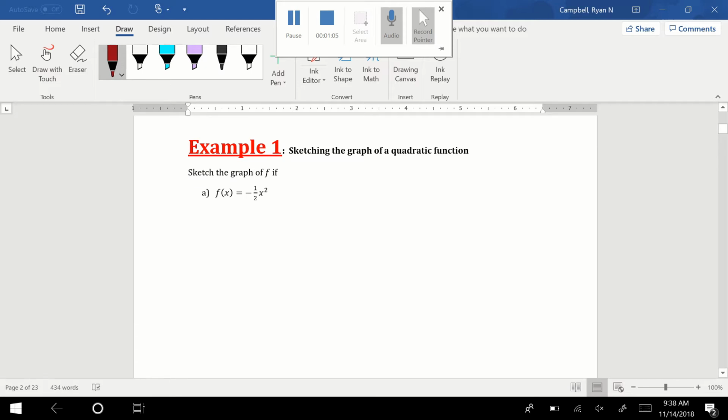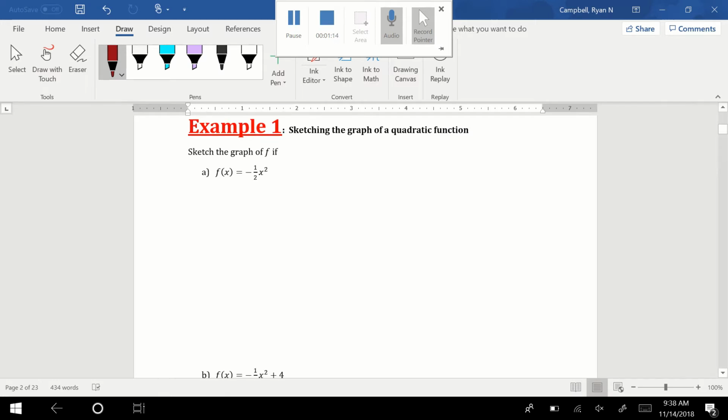Sketch the graph of f if f of x is negative 1/2 x squared. Without even knowing how to graph it, we should be able to graph this one, right? We know that the regular function for x squared goes straight up.